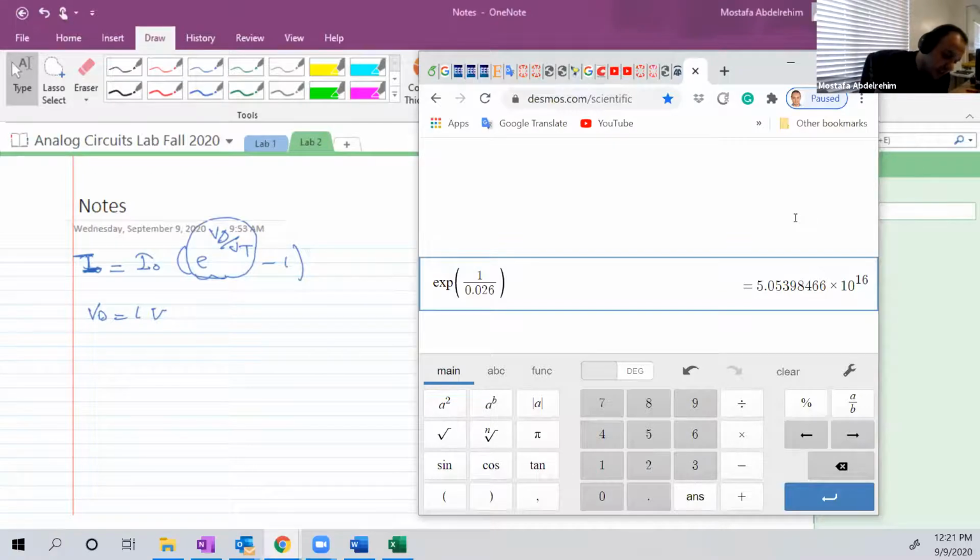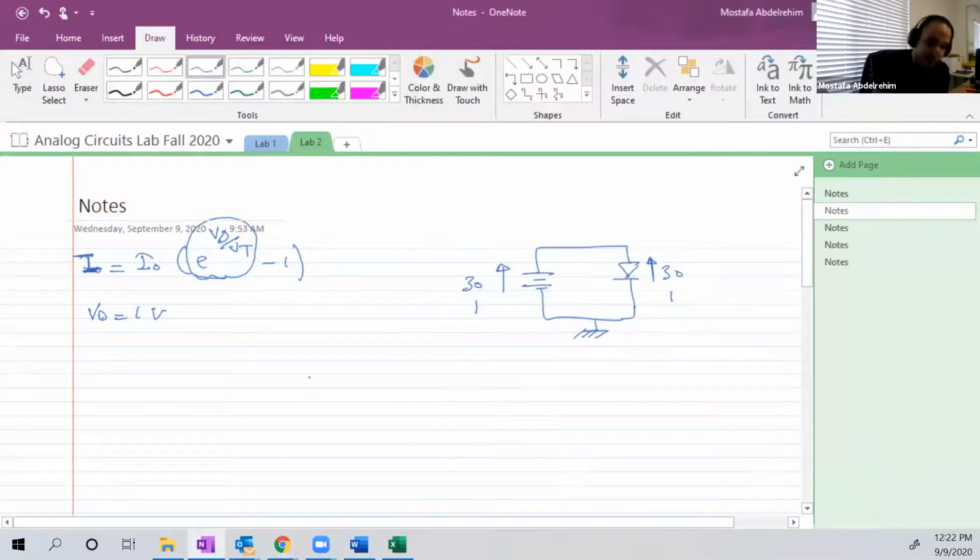It's 5 point something times 10 to the power 16. So it's very large, and that's just 1 volt. Now let's change it to 30 volts, which was our final value. It's infinity, undefined, right? So that's the problem.